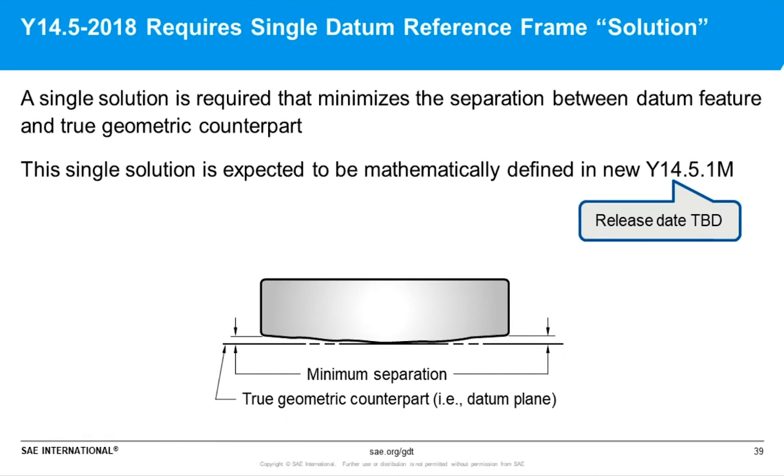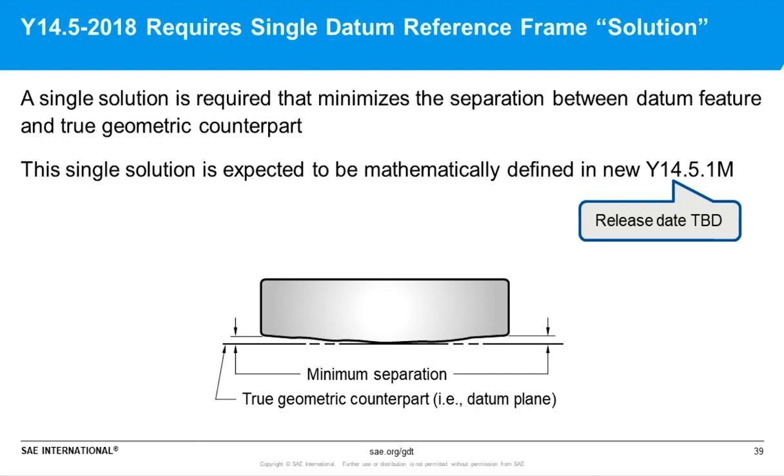So that was addressed in this standard. And now, 2018 tells us there's only a single solution allowed. So if we see a convex surface like this, it must be oriented to give us just one solution, where basically the gap at each end is a minimum to the true geometric counterpart, in other words, datum plane. So we're not allowed to rock it any old which way we want.